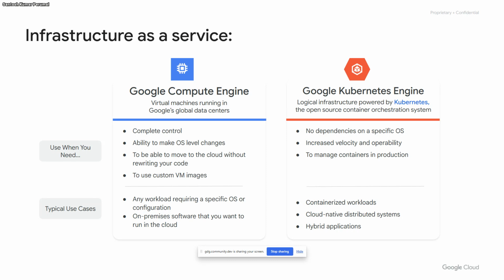With Compute Engine, as we mentioned, if you have a requirement for a very specific OS or configuration, and your on-prem service is running on Linux, and you want to do a lift and shift to another Linux server in cloud, that is the easiest option for you. You can also use custom VM images to move to cloud without writing your code. There are multiple criteria that you use in order to select the system.